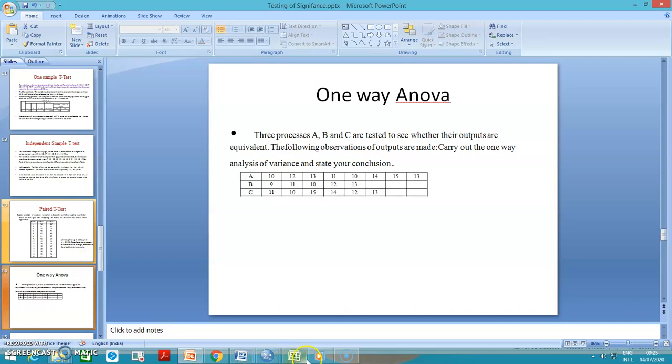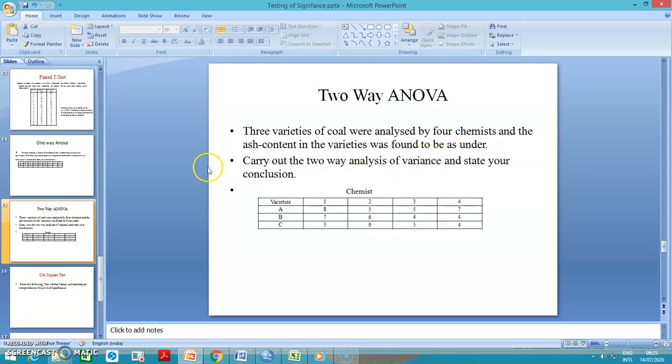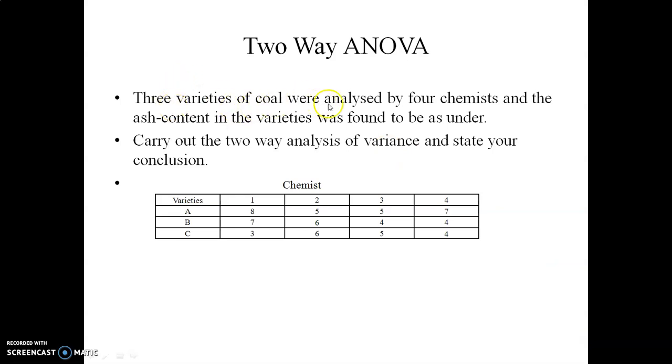And in the second case, that is two-way ANOVA, we will see. In this two-way ANOVA, three varieties of coal were analyzed by 4 chemists, and the ash content in the varieties is found to be as given here.